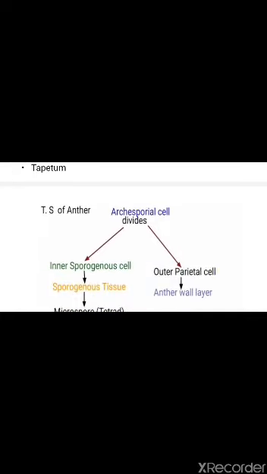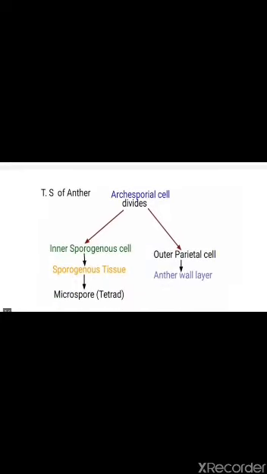So this flow chart will make it clear to you. The archesporial cell divides and forms the inner sporogenous cell and the outer parietal cell. Now this inner sporogenous cell forms the sporogenous tissue, and this sporogenous tissue is capable of producing a microspore tetrad, and the outer parietal cells form the anther wall.